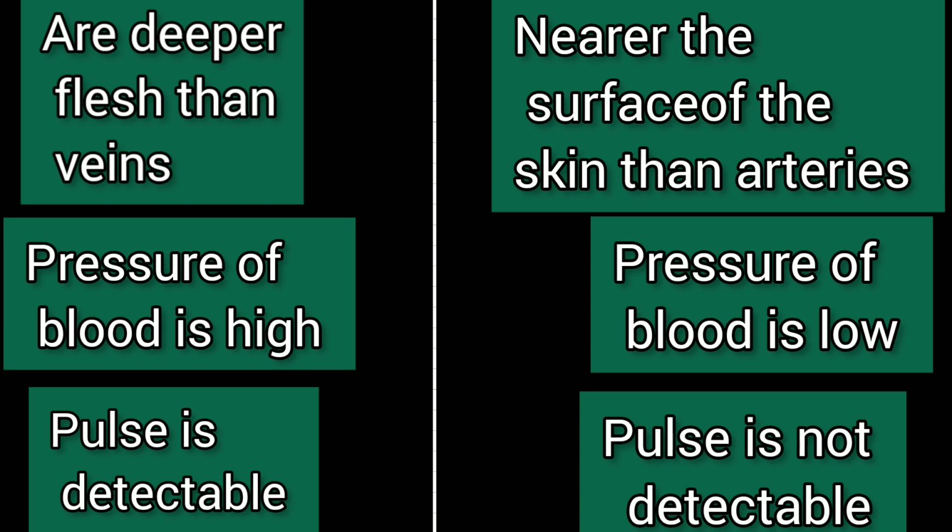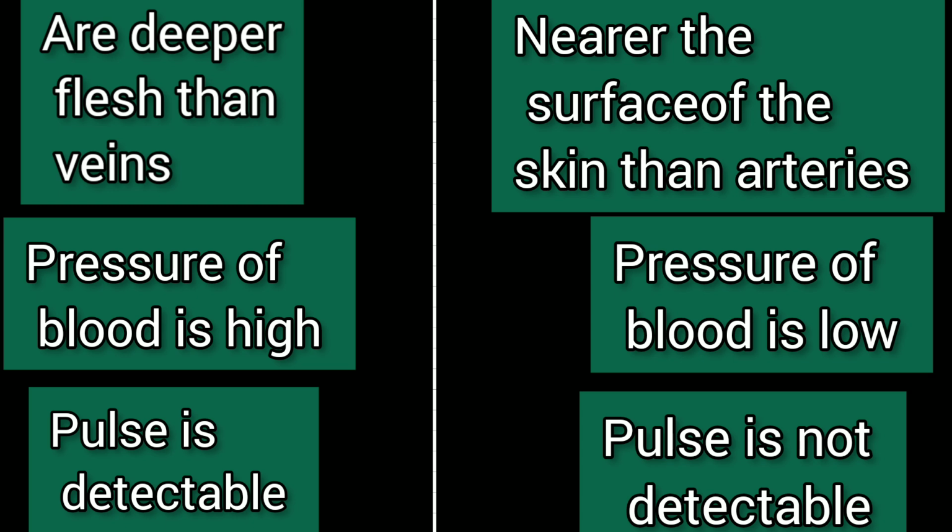Veins' pressure of blood is low. Arteries' pulse is detectable. Veins' pulse is not detectable.